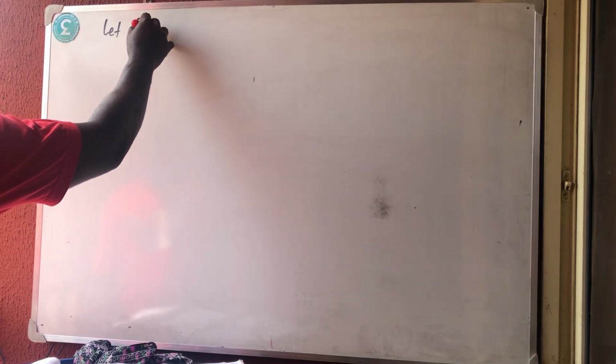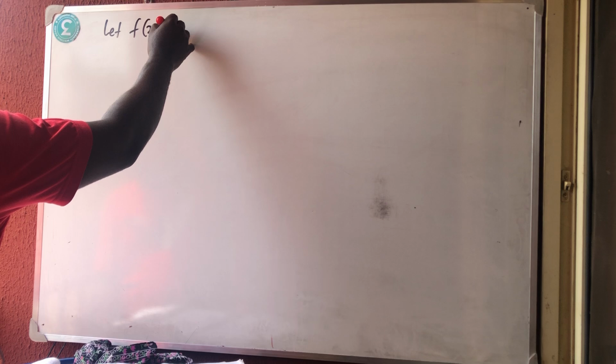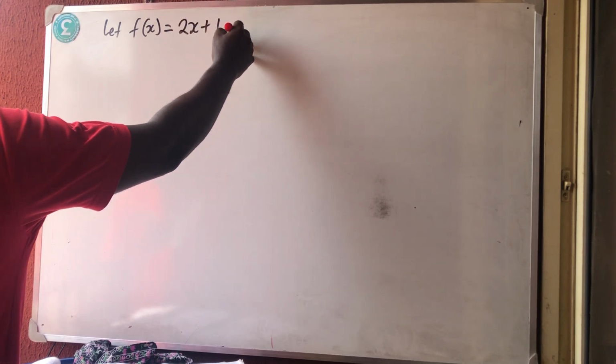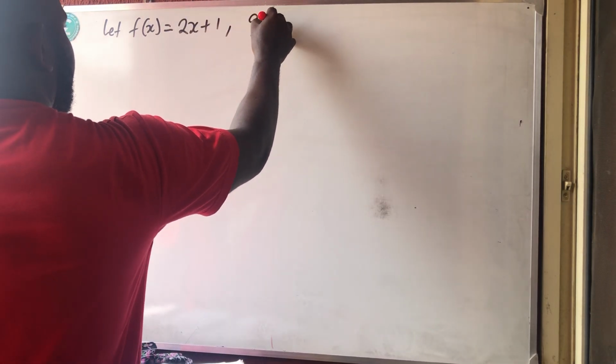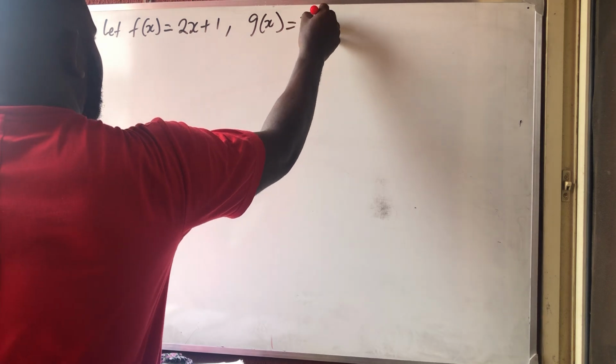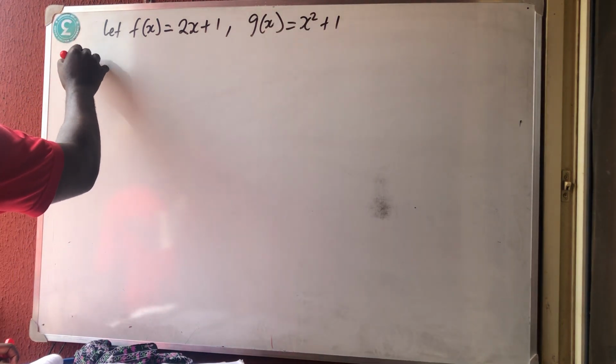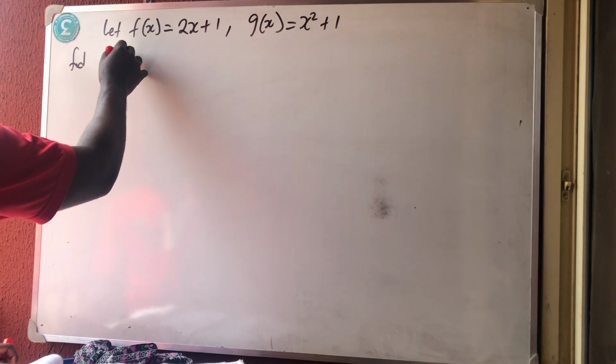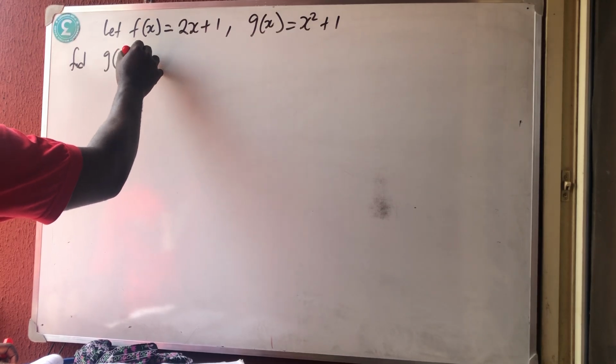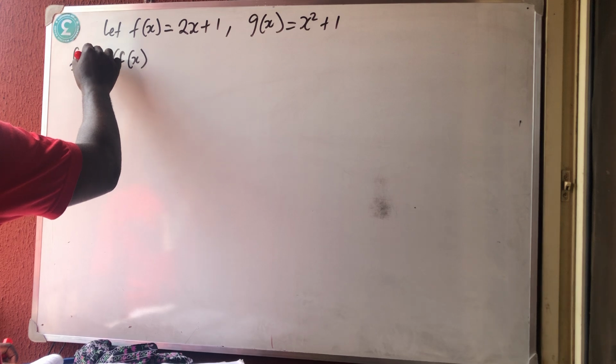The question says, let f of x be equal to 2x plus 1, g of x be equal to x squared plus 1. Then I say find g of f of x. A number 1 question.